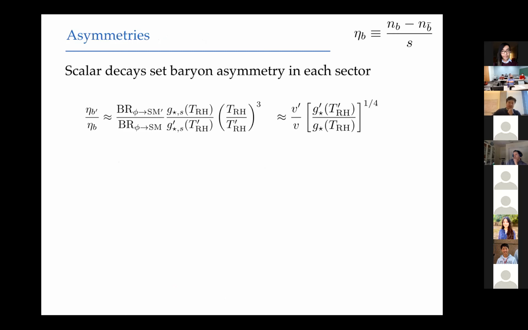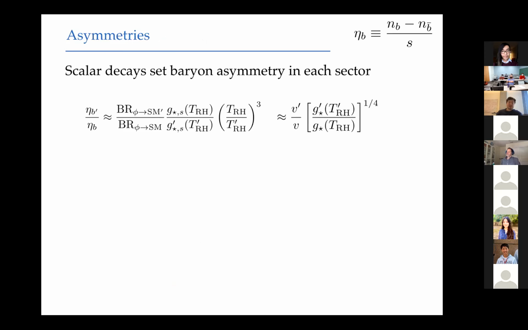Now, this decay also sets the baryon asymmetry in each sector. Once we've set up the potential for the Affleck-Dine field, we don't actually have to care very much about what its detailed properties are, because we know that it's an efficient mechanism of generating an asymmetry. What we just have to keep track of is what's the ratio of the baryon to entropy ratio that each sector gets.